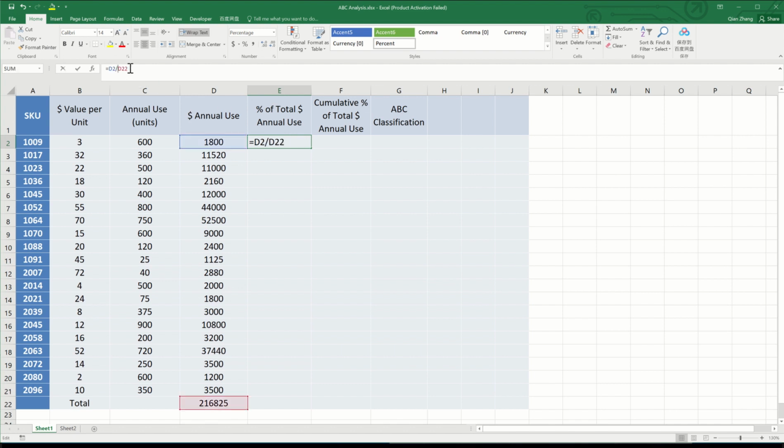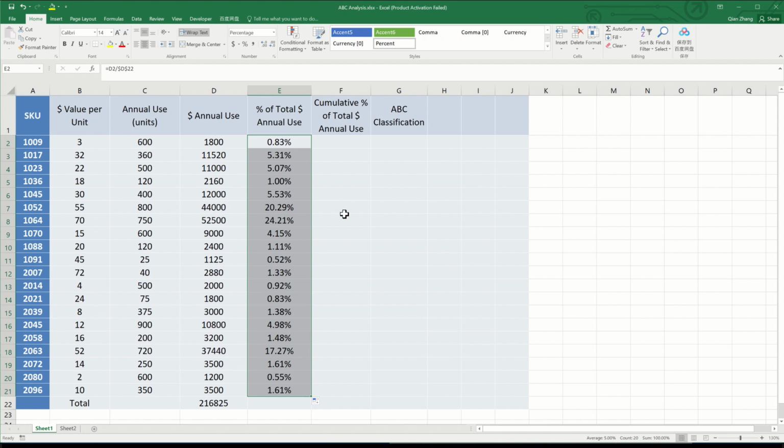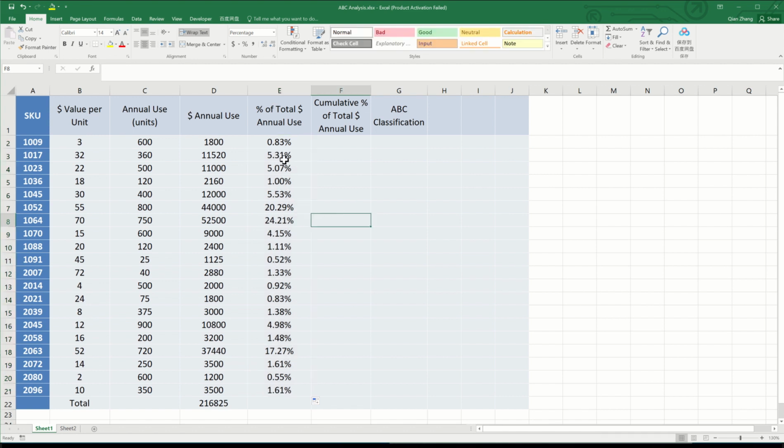We use a dollar symbol here for the D22 cell because we always divide the numbers by the same cell, so we need to use the dollar sign to fix this cell. After that, you can scroll down to the last SKU you have here. So this is how we compute the percentage of the total value.